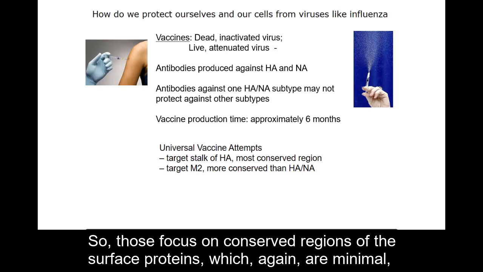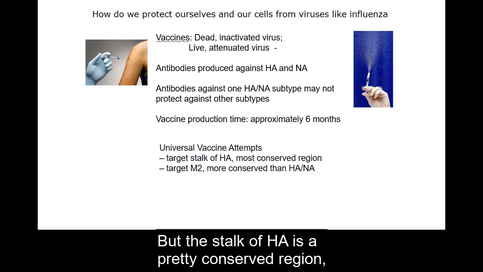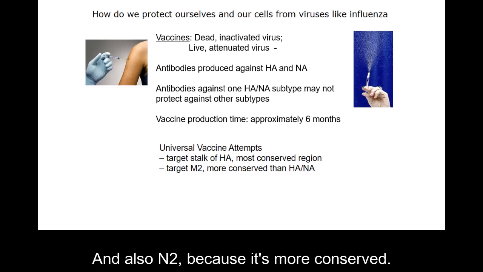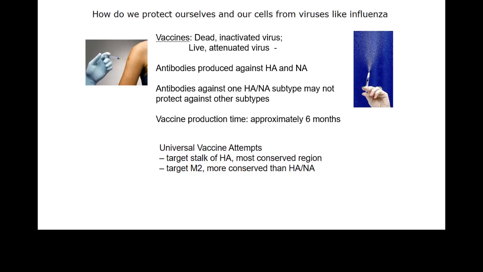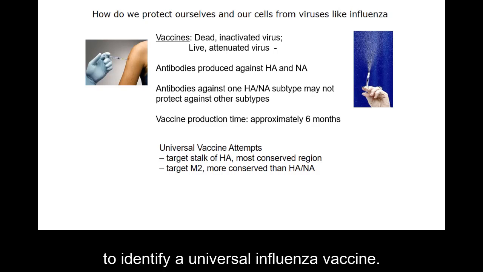So those focus on conserved regions of the surface proteins, which again are minimal because they're highly variable proteins. But the stalk of HA is a pretty conserved region, and so that's been identified as a potential vaccine target. And also M2, because it's more conserved. However, scientists have been working for a long time to identify a universal influenza vaccine.